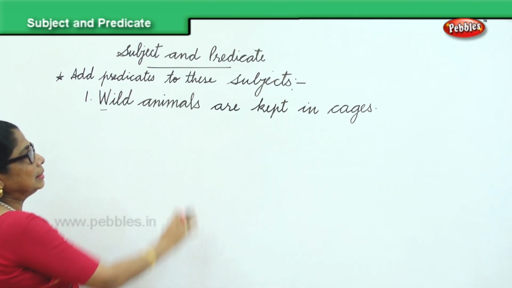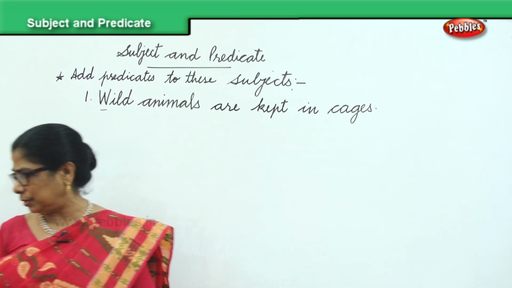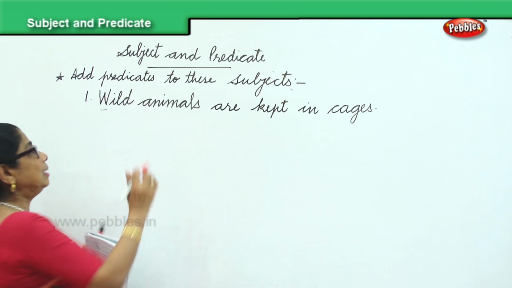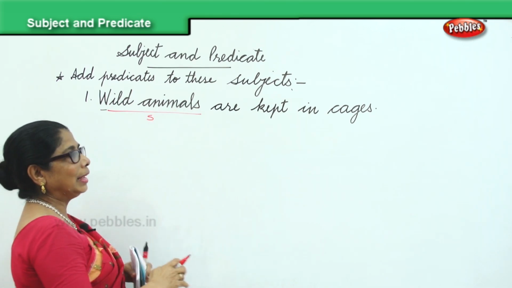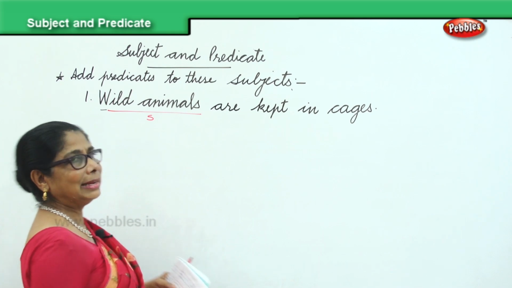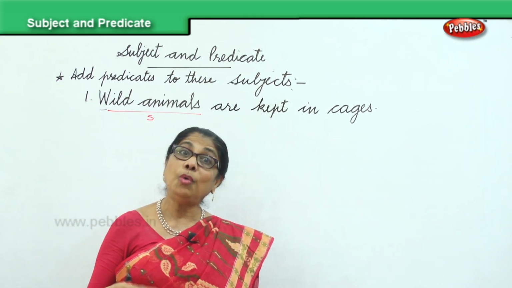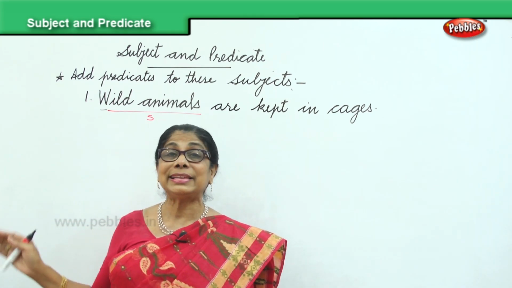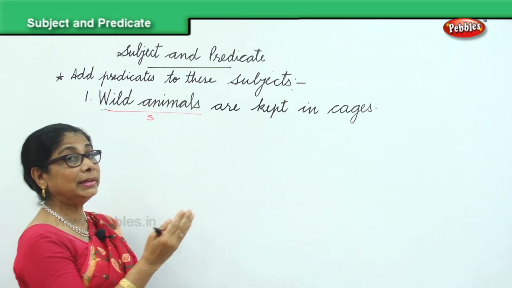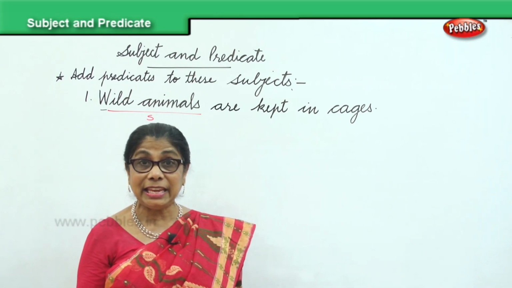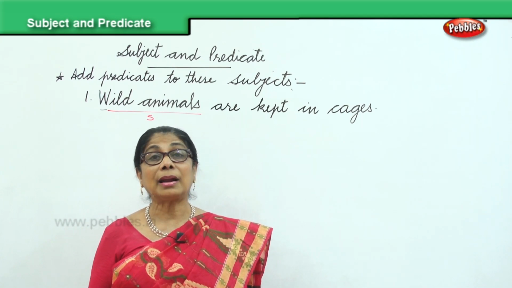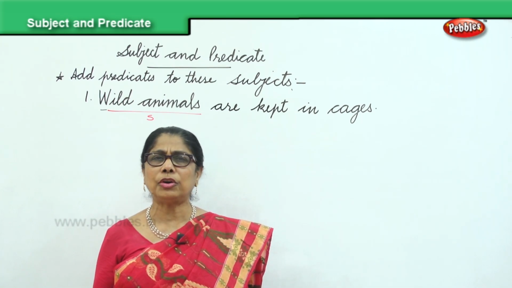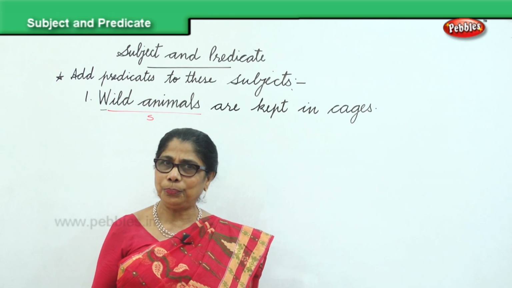Wild animals are kept in cages. Now, wild animal is what I provided for you. That's the subject. Begins with the capital letter, ends with the full stop. So now you know how to end. Or you can say, wild animals are left free in the zoo. Wild animals run about freely in the forest. You can end anyhow. Okay?